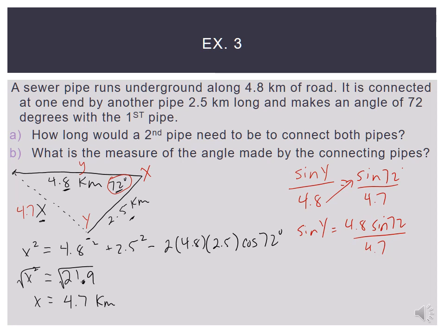Now remember, whenever you are finding an angle, you're not just going to type in sine of that, we're going to do sine inverse. So y equals sine inverse, and then in brackets, everything you have written there.